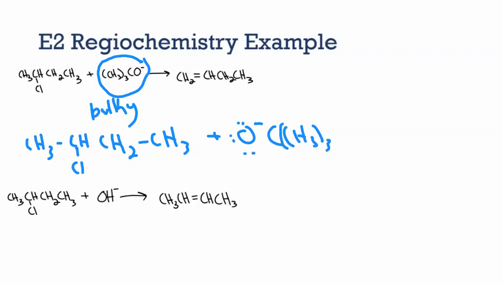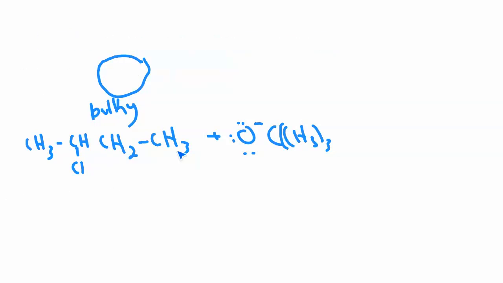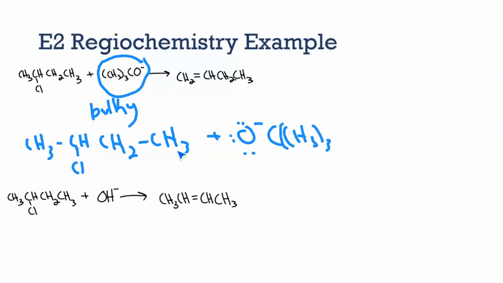My most stable product will be formed if I take this hydrogen and this chloro group and make a double bond here. But because this base is so giant and chunky, it can't get in here without touching this methyl group and causing steric hindrance.